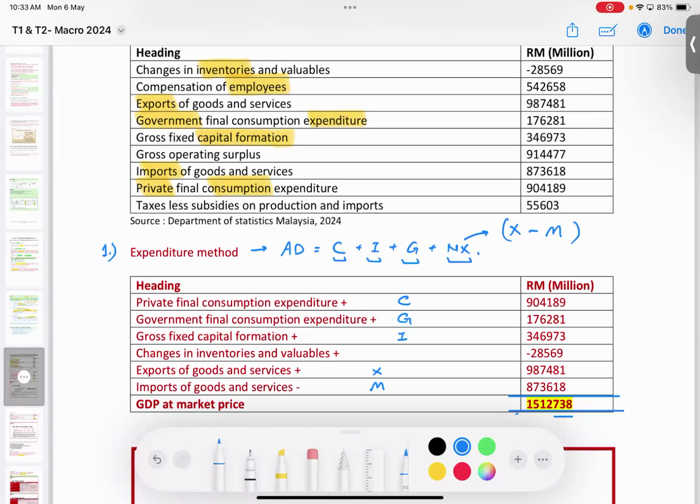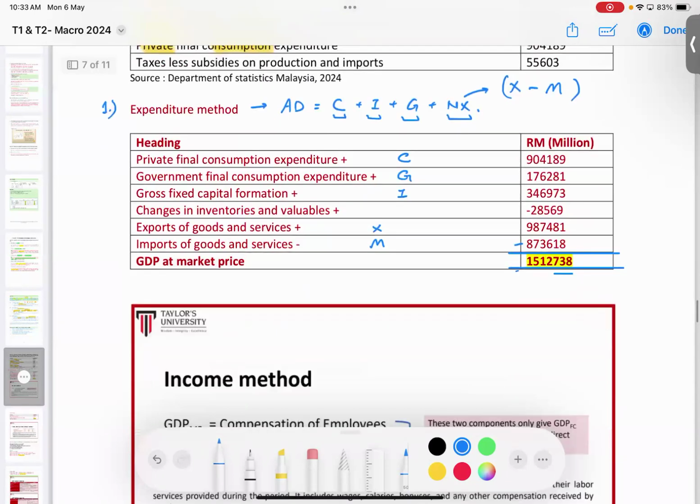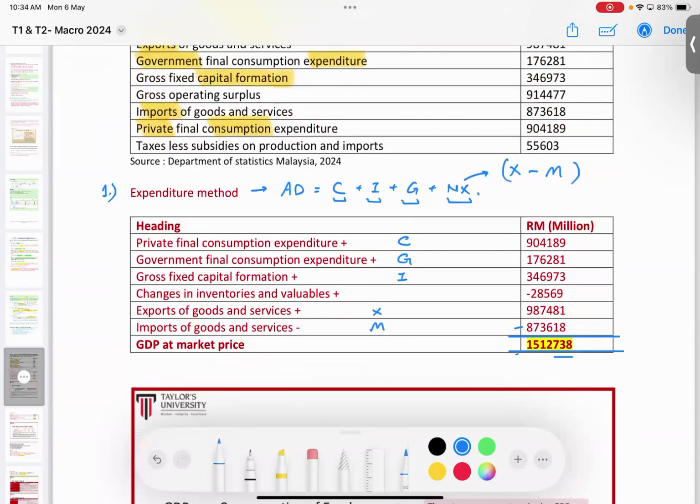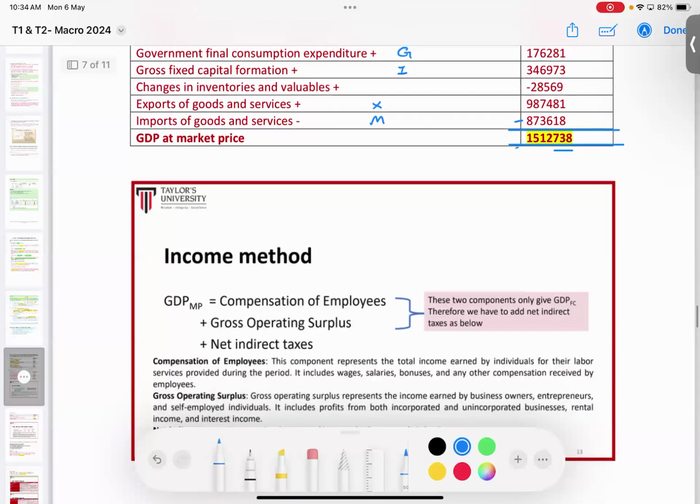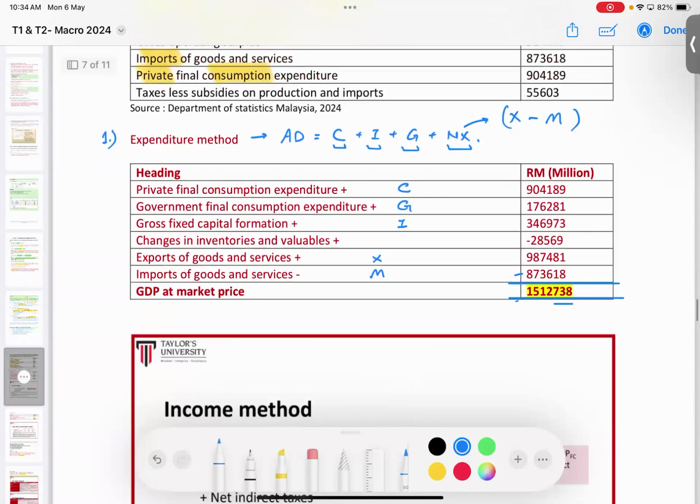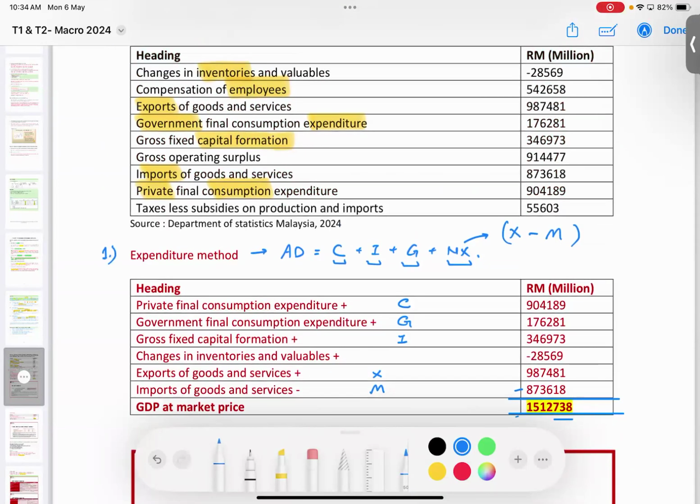Remember imports is minus. Correct or not?